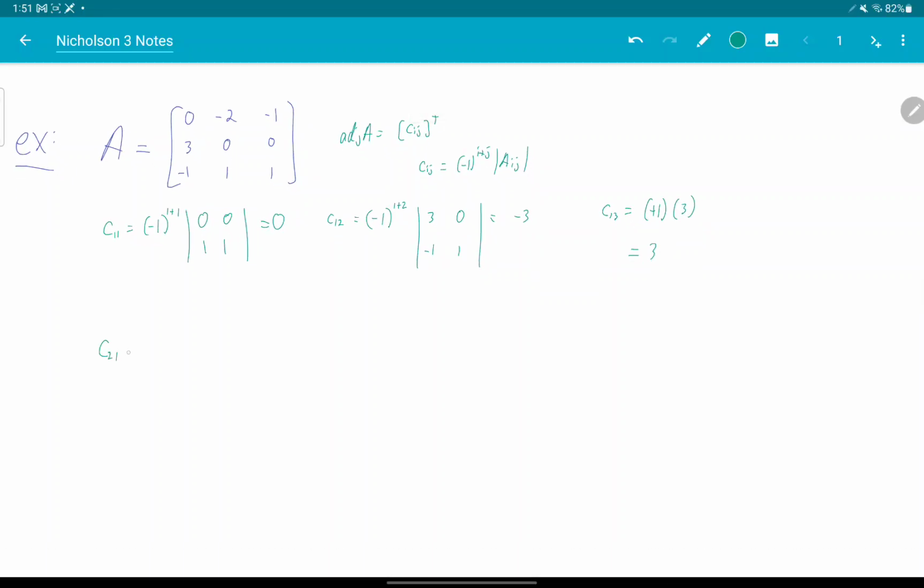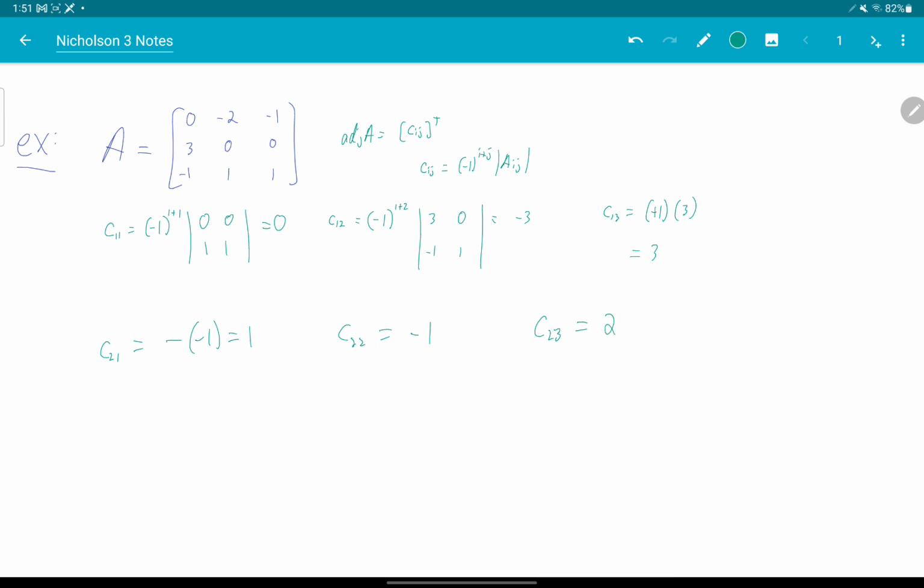So C21 is negative of some determinant, so it'll be 1. I'm doing this mostly in my head. C22 would be negative 1. C23 is negative 2, but becomes plus 2 because there's a negative.